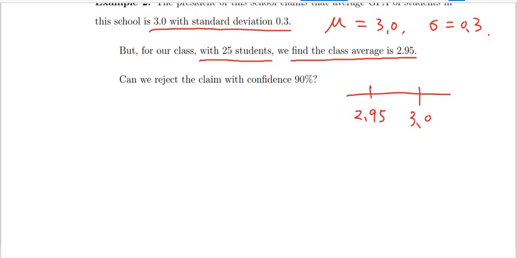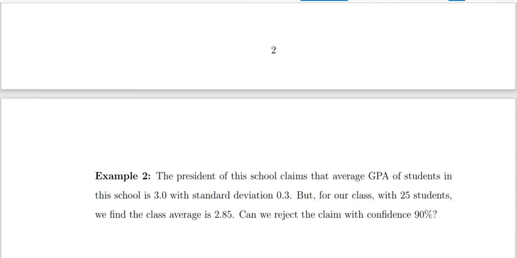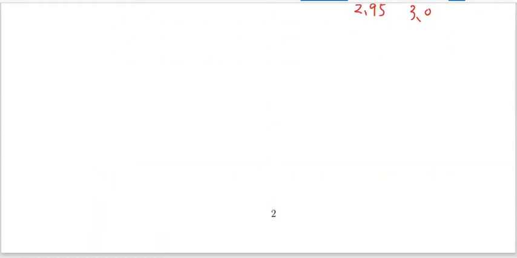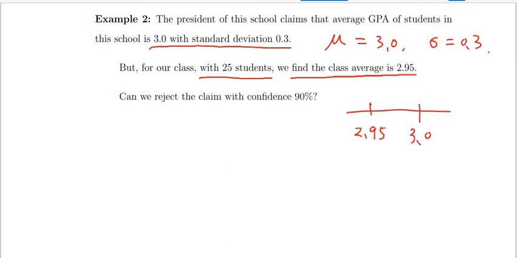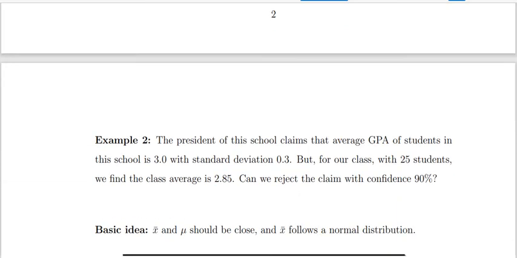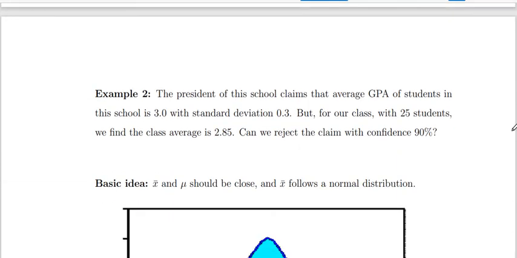Okay, so this is actually the common story. In this example one, you can say 2.95 and 3.0 are quite close. Now let's change this. Let's say their claim is 3.0.